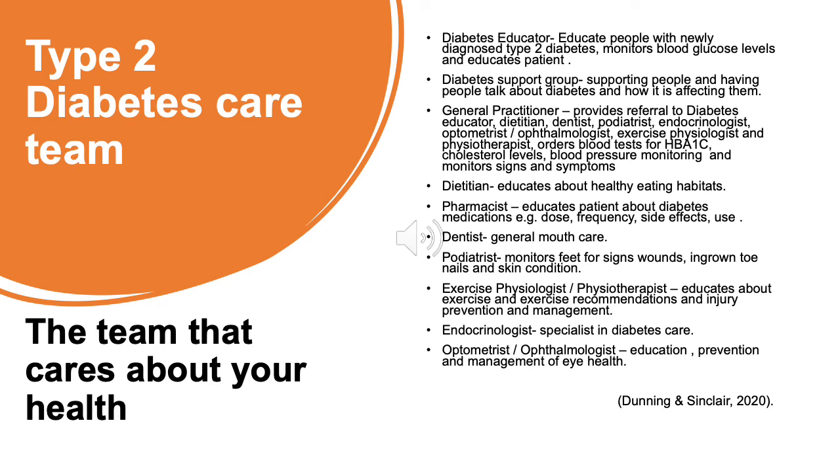General Practitioner: provides referral to diabetes educator, dietitian, dentist, podiatrist, endocrinologist, optometrist, ophthalmologist, exercise physiologist, and physiotherapist. Also orders blood tests for HbA1c, cholesterol levels, blood pressure monitoring, and monitors signs and symptoms.